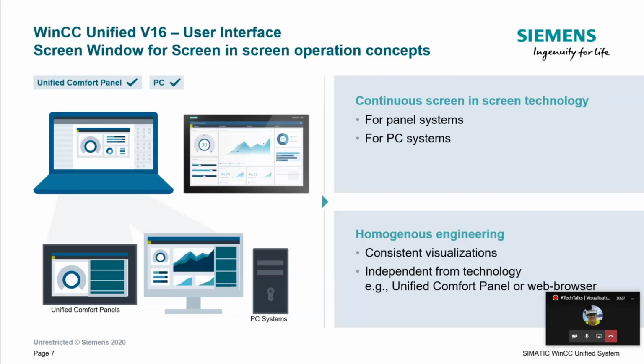That screen window can be displayed on another device, for example a comfort panel, and they're both the same screen window, the same visualization, both updated and visualized at the same time. So this gives us consistency between different types of machines or different HMI panels, and it's also independent from the technology. So we can have this on the comfort panels or on the web-based solution through the web browser.